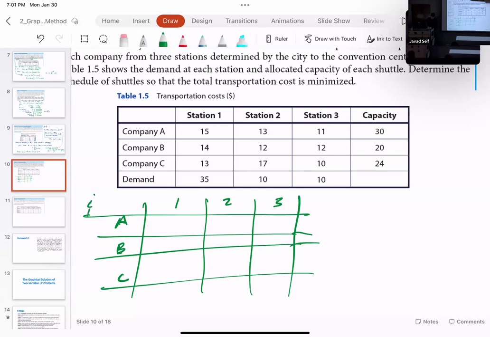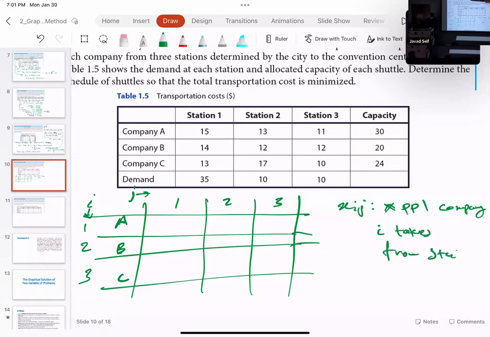If I call this I, 1, 2, 3, and this J, 1, 2, 3, I can say Xij is the number of people company I takes from station J. Does it make sense? Which will be the entries here.